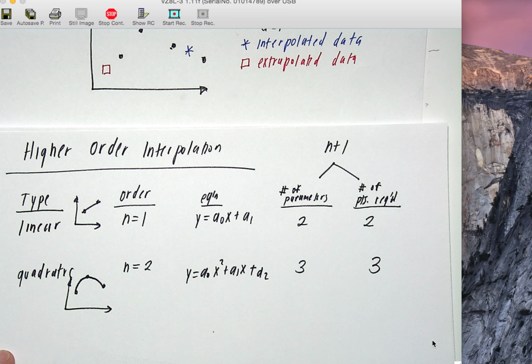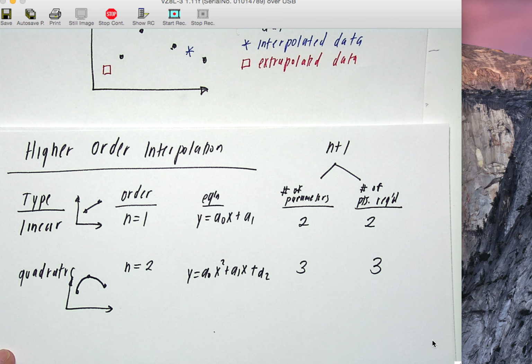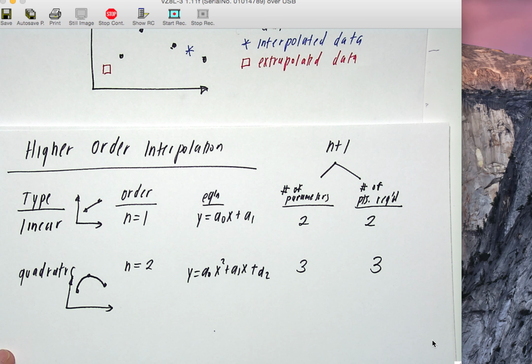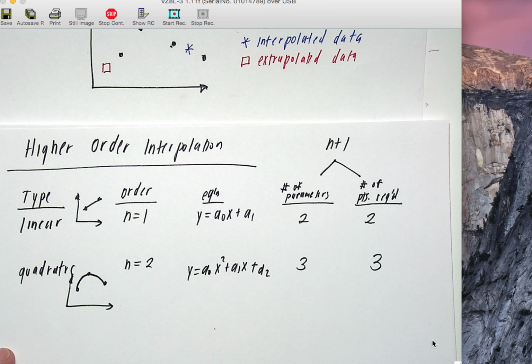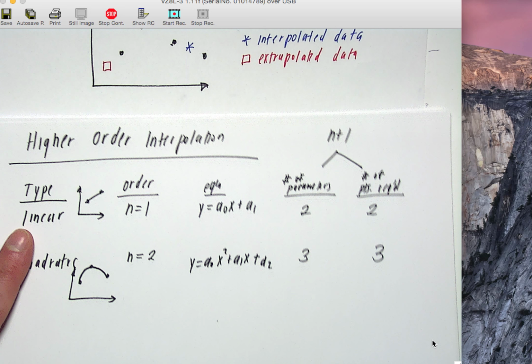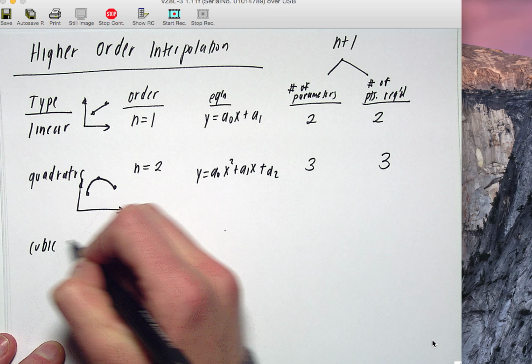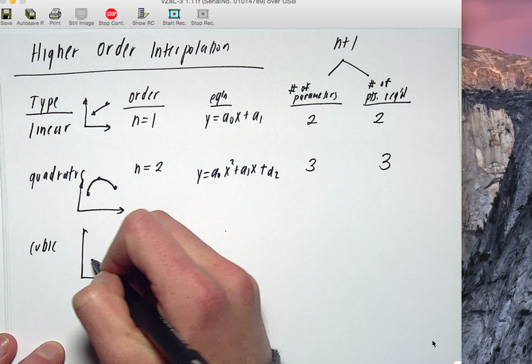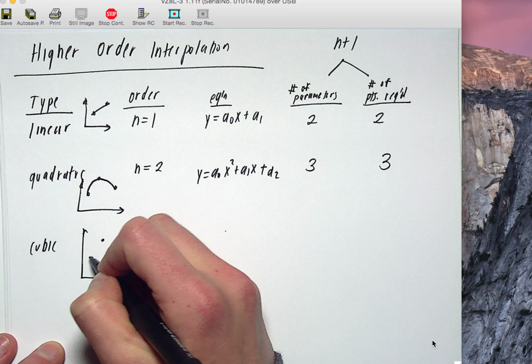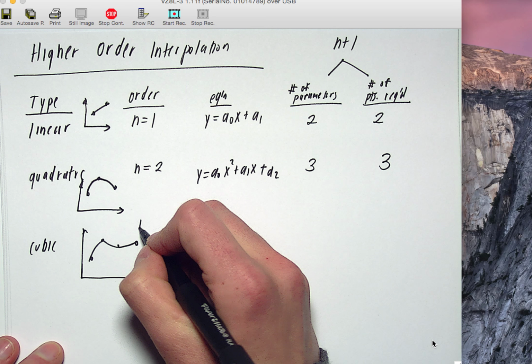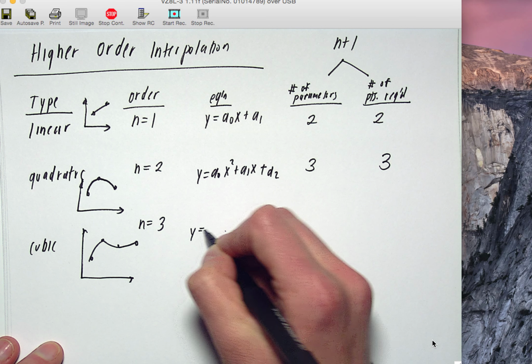That would be a higher order interpolation function, which is something you would do in a class like 303, being able to write the algorithm generally so that it could do it for any order. And as you keep going up, it just continues to add points, and you continue to fit.